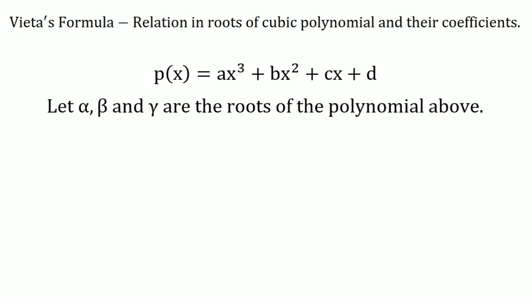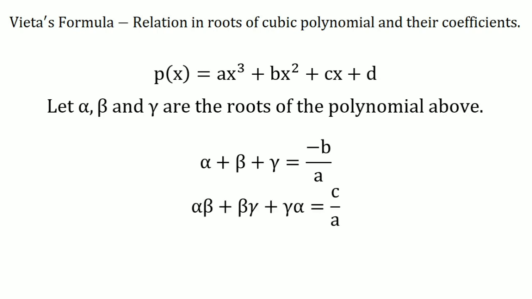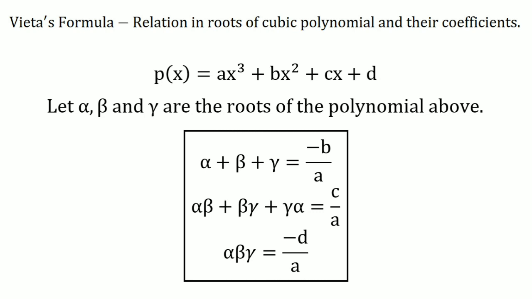Let alpha, beta and gamma be the roots of the polynomial above, then the sum of the roots alpha + beta + gamma is equal to −b/a, and alpha beta + beta gamma + gamma alpha is equal to c/a, and the product of the roots is equal to −d/a. And we use these formulas for finding our answer.